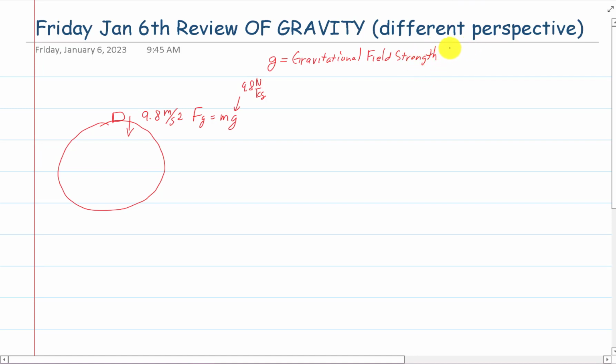Its units are newtons per kilogram, not what some people write down as meters per second squared, because meters per second squared is an acceleration. If I called it the gravitational acceleration, okay, meters per second squared. But it's called the field strength, a gravitational field.